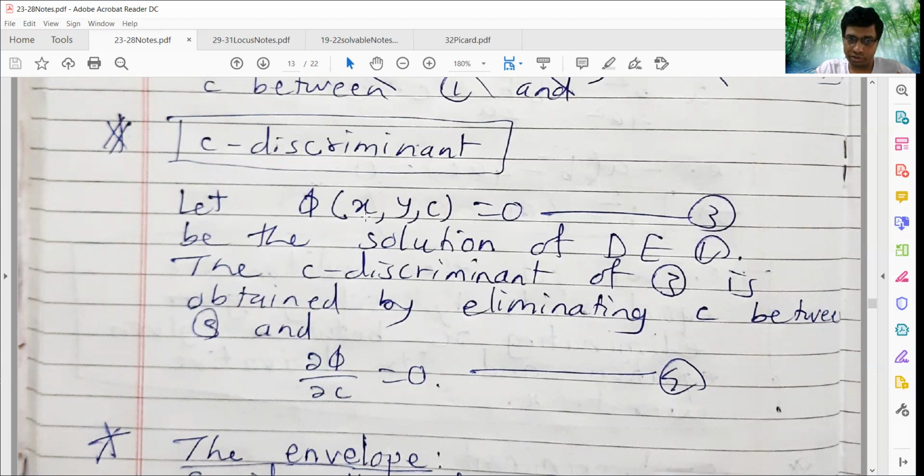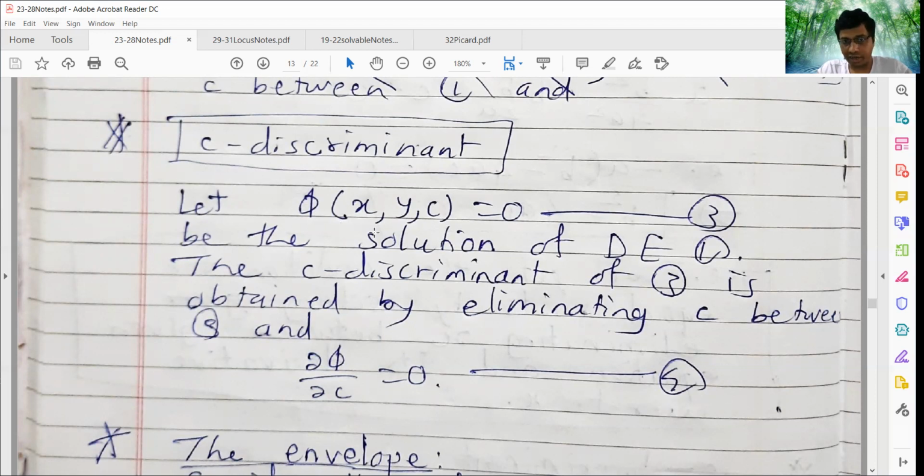The general solution contains c, an arbitrary constant, instead of p, and this will have a c discriminant.